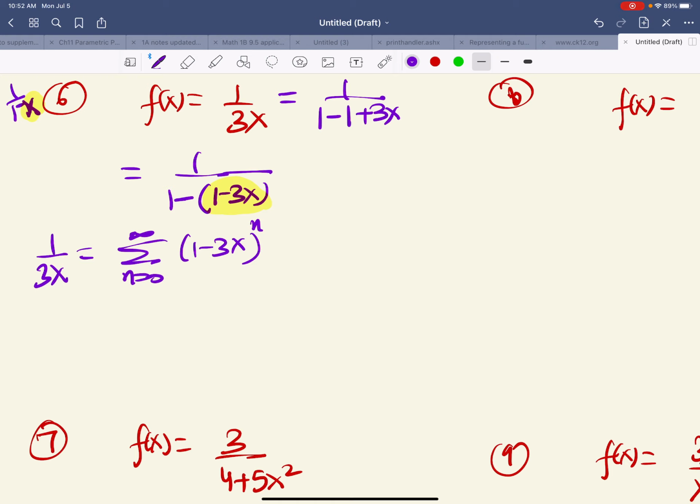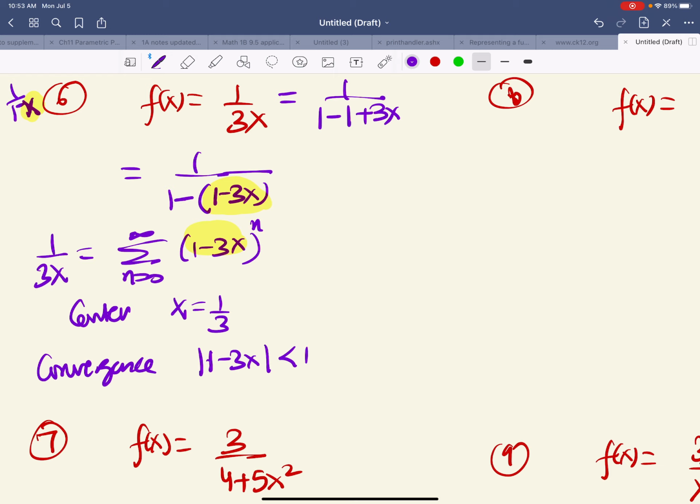For this one, the center is going to be 1/3. Wherever this piece becomes 0, that's where you have the center. Center is x equal to 1/3, and we will have convergence if the absolute value of 1 minus 3x is less than 1. That's -1 less than 1 minus 3x less than 1. Subtract 1 from everywhere.